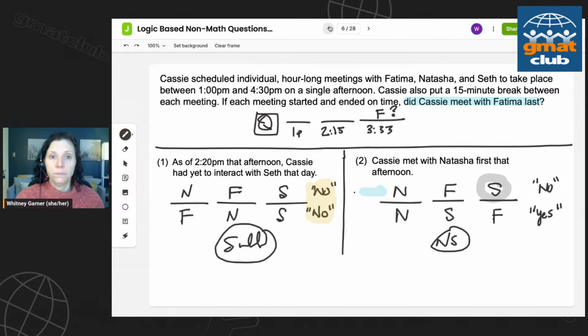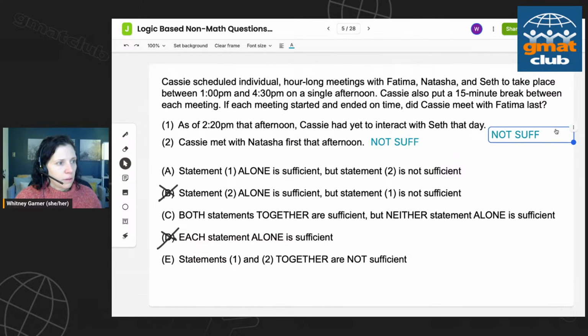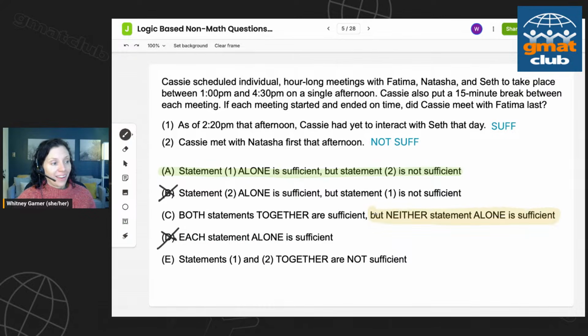And so if statement 1 is sufficient, when statement 2 is not, that means our correct answer is A. Something to note about C. We only test answer choice C if neither statement alone is sufficient, meaning that I cannot get an answer from either statement individually.